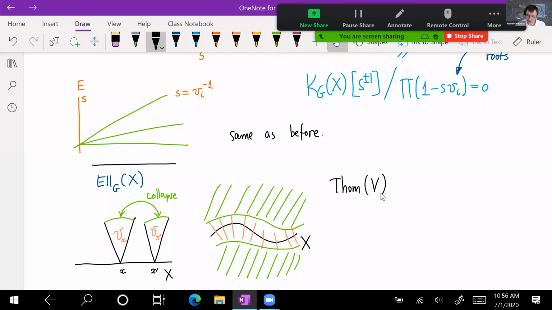And for us, we can take this infinity to be the projective space at infinity. Drawing in red, this is the projective space at infinity, and it is embedded, it sits inside the total space of the projectivization of v plus a trivial vector bundle over x.